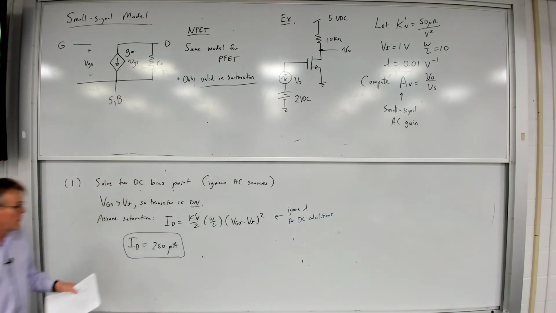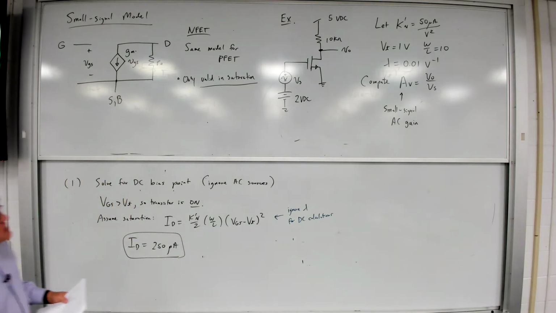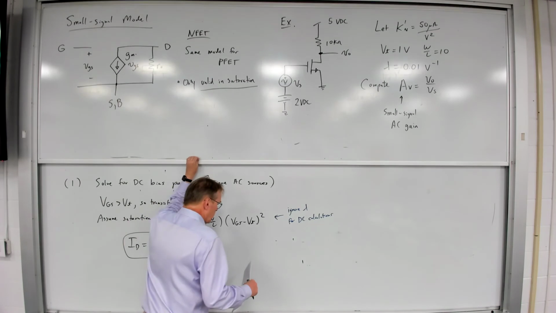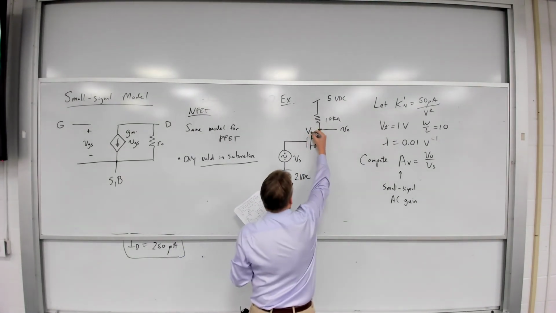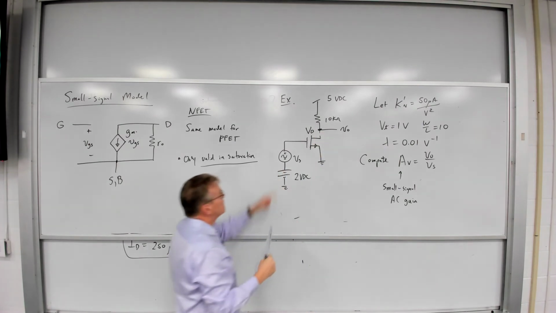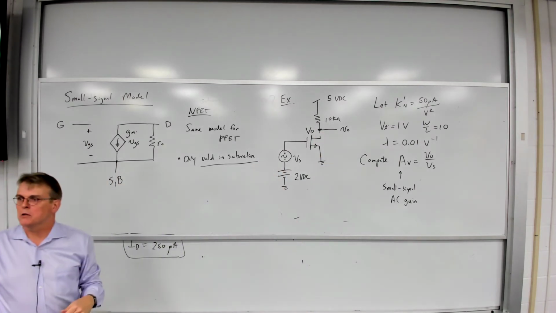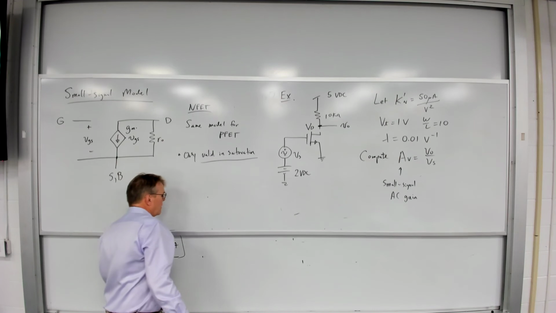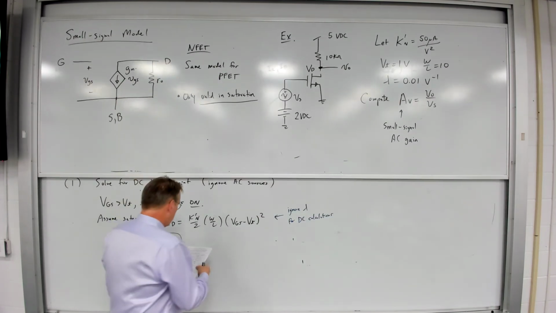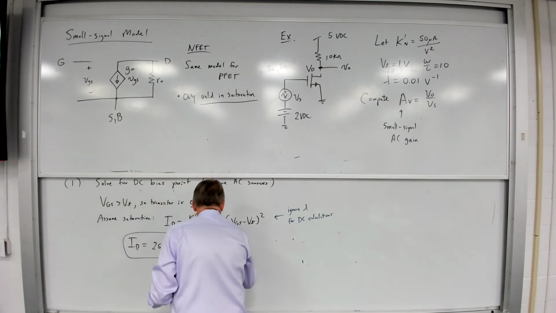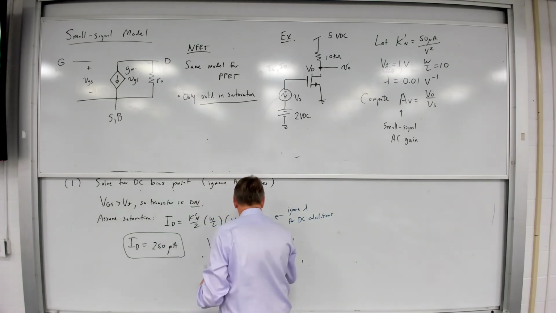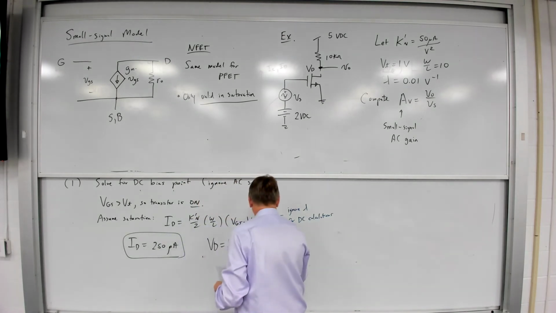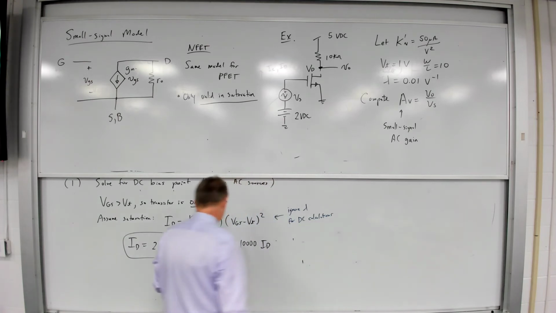That's my drain current. What is the drain voltage? I want to know the DC voltage at that drain. VD is equal to 5 minus 10,000 times ID.